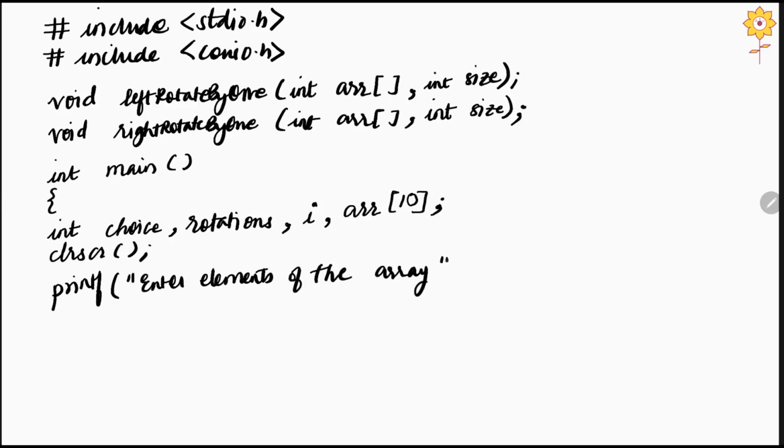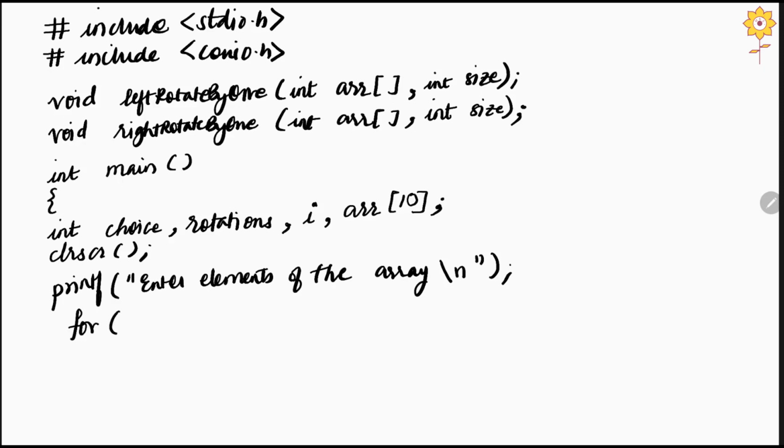You will write it in double quotes, and you can write a \n at the end. What it will do is that whatever you write in printf next will be taken on a new line. So, \n is for new line. This will be displayed on the output console, and now we are writing a for loop to take all the elements of the array.